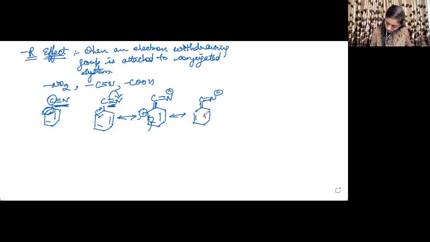Now this will be like this. Again, the next pi bond is in conjugation with the positive charge. So here you will be drawing it like this. Double bond C, double bond N. Nitrogen will be carrying a negative charge. So here it is.